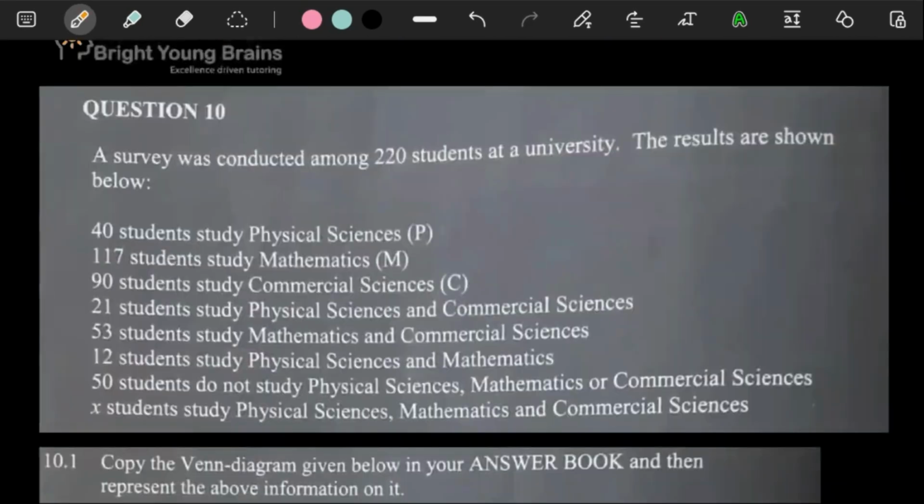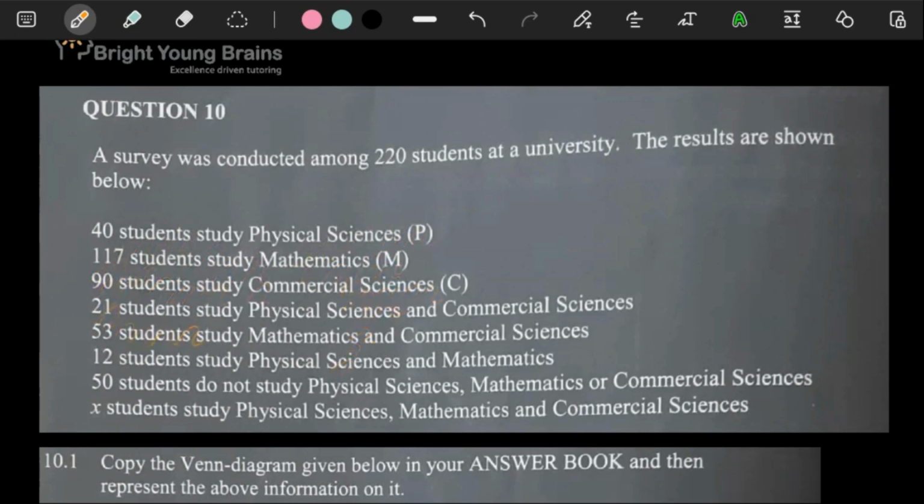Question 10 says, a survey is conducted among 220 students at a university. The results are shown below. You have 40 students doing physics, 117 doing math, 90 doing commercial science.